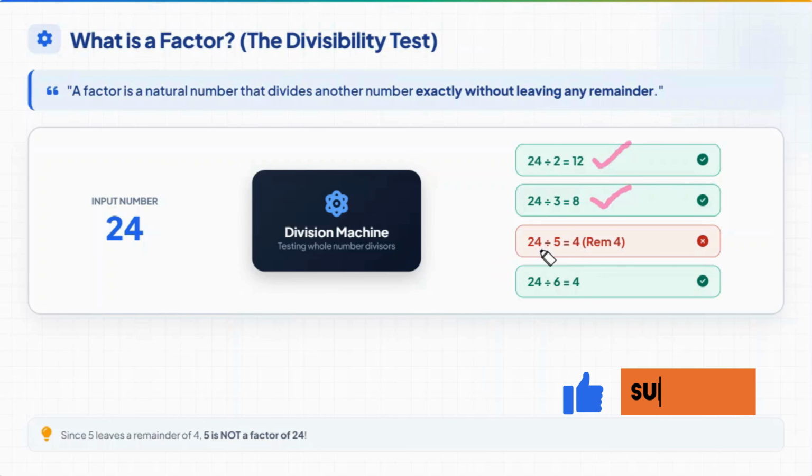But if we divide 24 by 5, we get 4 with a remainder of 4, so it's not a factor. And if 24 is divided by 6, we get 4, so it's a factor. Here you can see 5 is not a factor of 24; the rest are all factors of 24. Remember, if there is a remainder, it's not a factor, as simple as that.